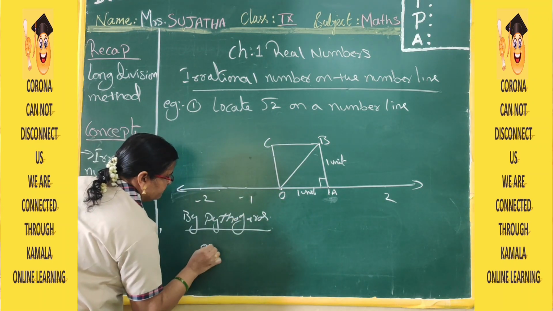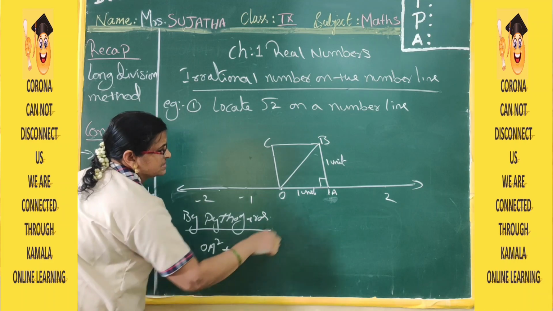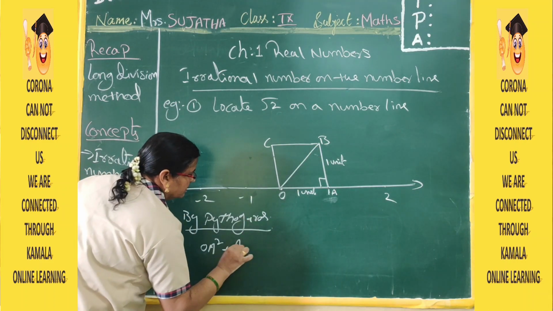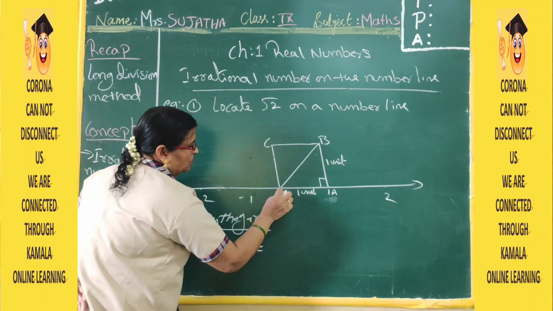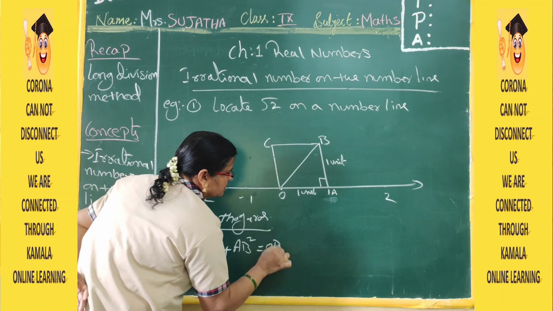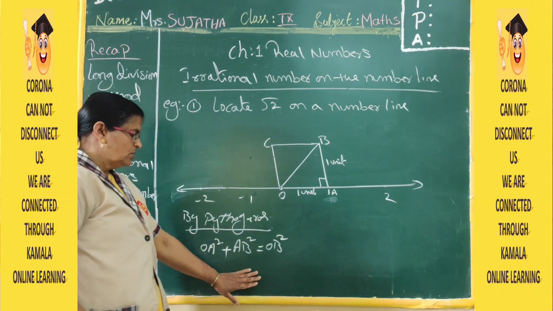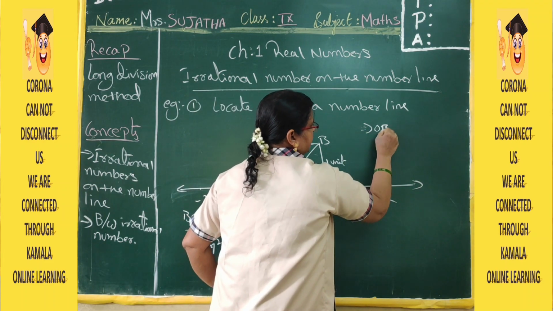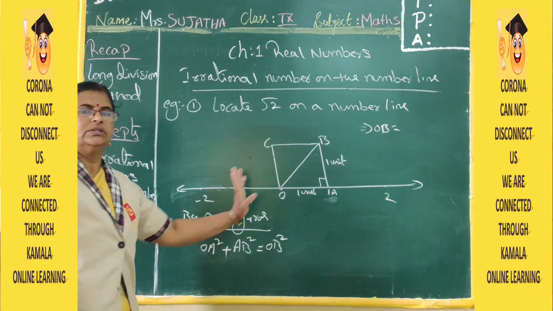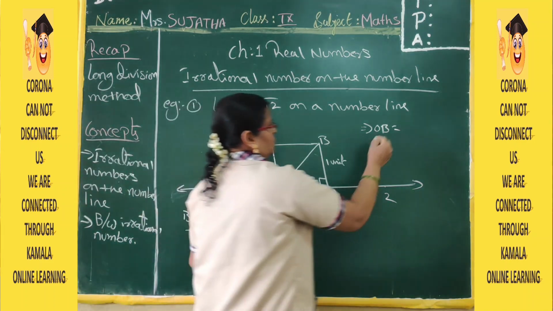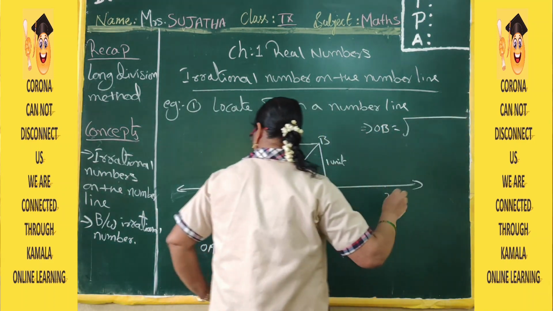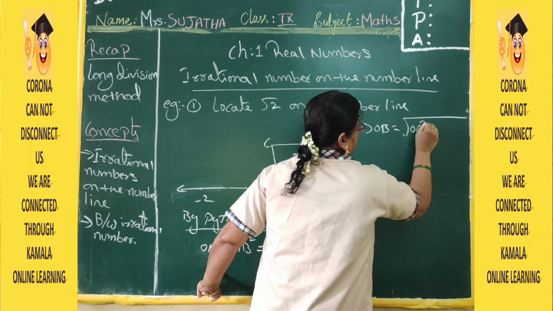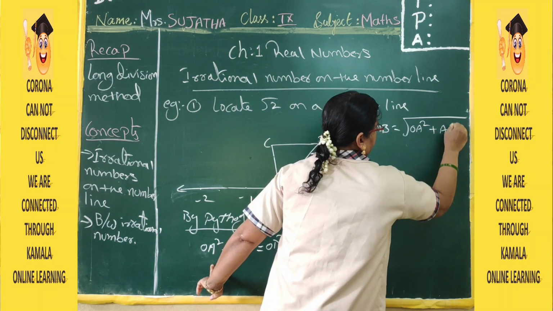OA square plus AB square is equal to OB square. So you have to get OB. It implies OB is equal to the square root of OA square plus AB square.